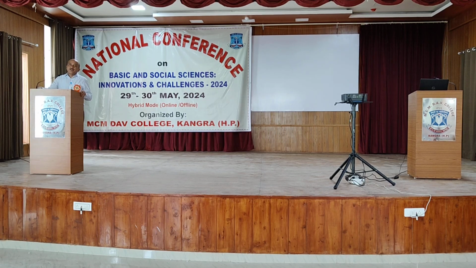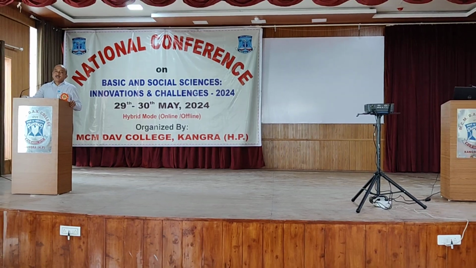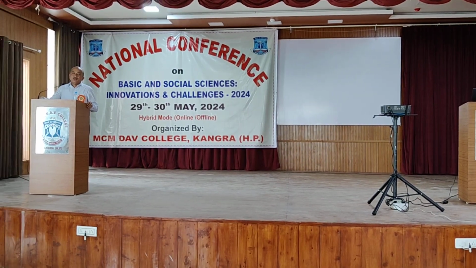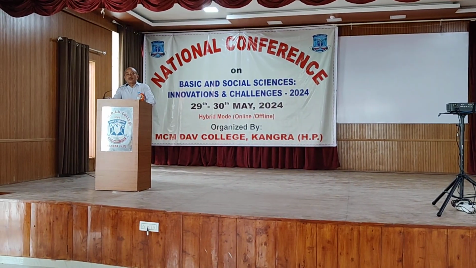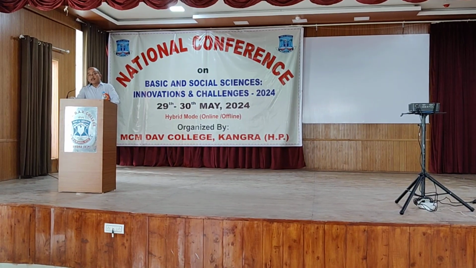Or we collect information through ordinal scale, or we collect information through interval scale, or we may collect information through ratio scale. So, what are these scales? Say, for example, the first scale is a nominal scale.